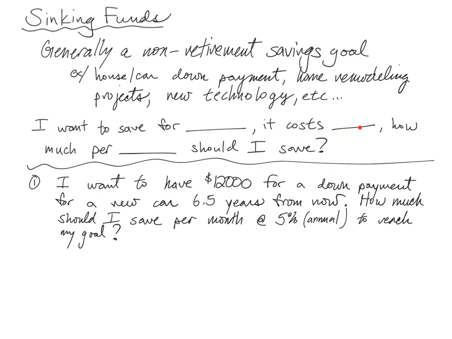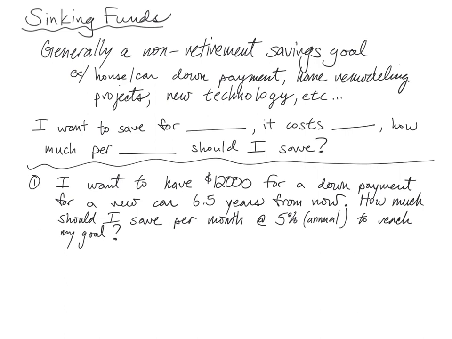It costs fill in the blank. How much per whatever month, week, day should I save? And that's the general idea of a sinking fund. I suppose it could also be used for retirement goals, but I think sinking funds would be much more immediate than, say, a 35-year goal.